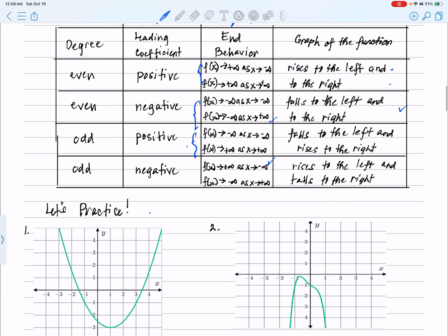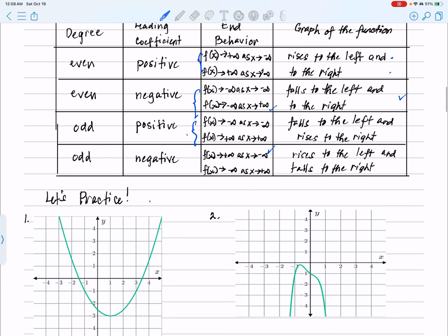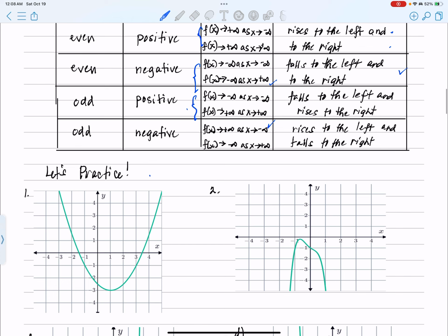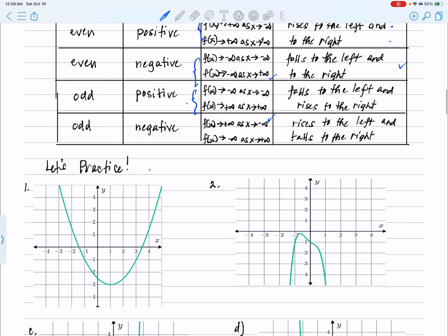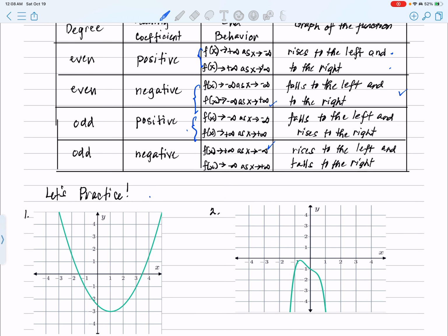I'll start with graph number 1. When you're looking at the graph, first look at the end behavior. Both ends rise up, rise up on the left side. When it rises up, it's positive infinity.